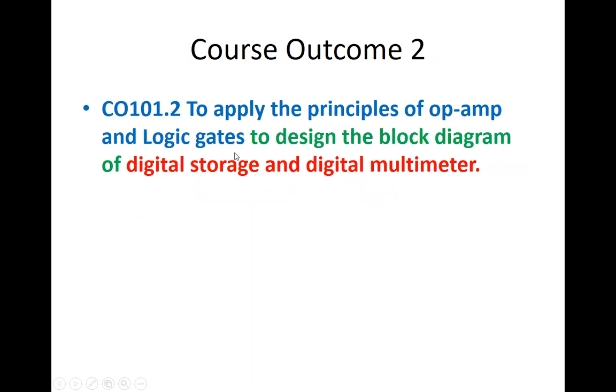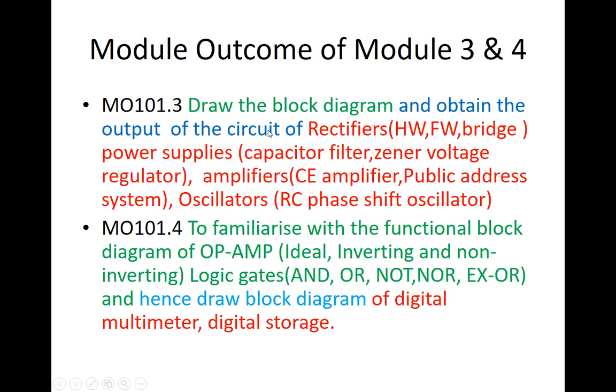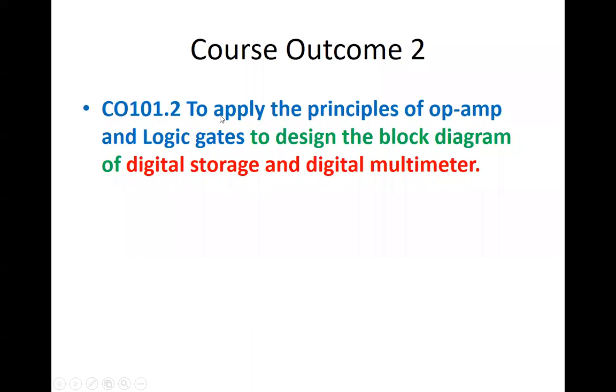So till module 3, I have written the first course outcome. Using module 4, I am writing the second course outcome: to apply the principles of op-amp and logic gates to design the block diagram of digital storage and digital multimeter. So here I am going to design the block diagram of digital storage and digital multimeter by applying the principles of op-amp and logic gates.